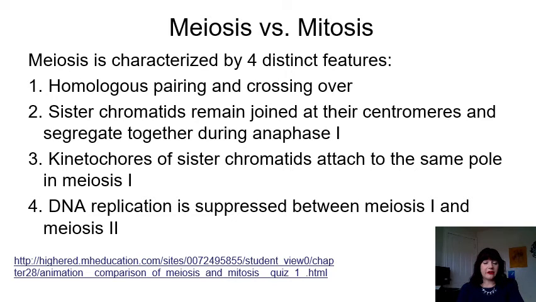Third, the kinetochores of sister chromatids attach to the same pole in meiosis 1. That is how they're able to segregate together. And fourth, DNA replication is suppressed between meiosis 1 and meiosis 2. I'm going to go over each of these in more detail. This animation, which is a bit shorter than the first one, is a great summary of the differences between meiosis and mitosis, so I encourage you to check it out.